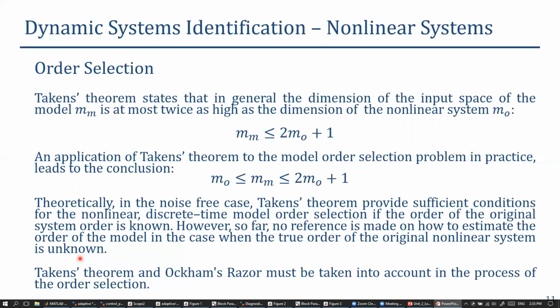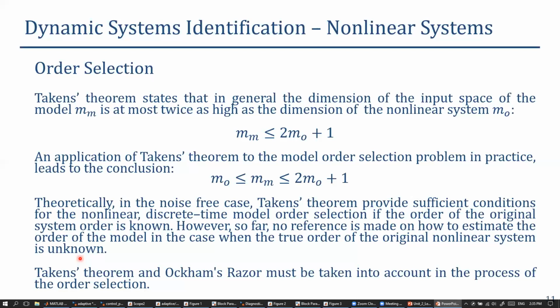The moral of the story is it's very hard to know what the order of the model should be. The Takens theorem provides us a rough reference on how to select the order if the order of the modeled system is known. Otherwise, we don't know how to do it.